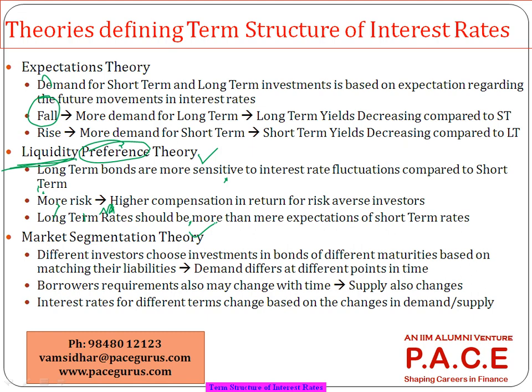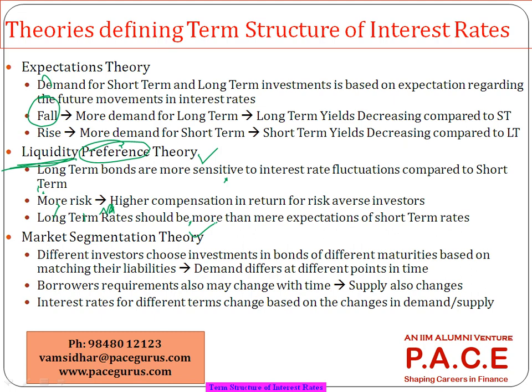So for various investors, their investment needs are completely different. A bank probably prefers more short term investment because their liabilities are nothing but the deposits which they are collecting from the depositors. They may withdraw at any point, which means the liabilities for the bank are very short term in nature, whereas for a pension fund company they are more long term.